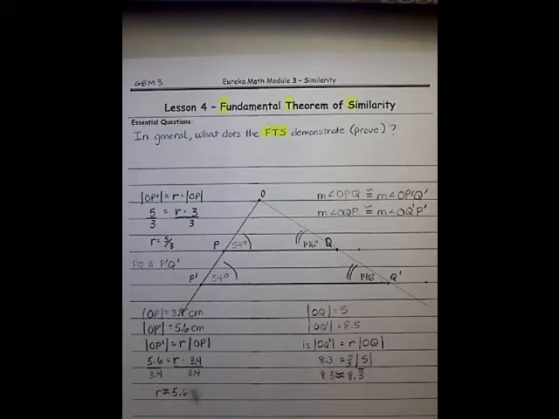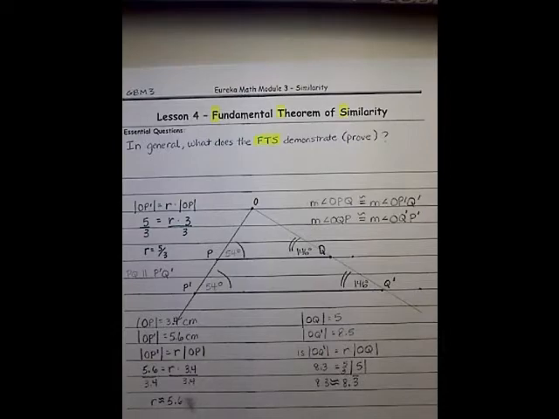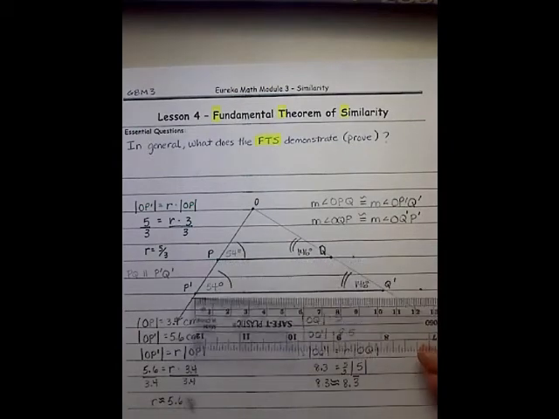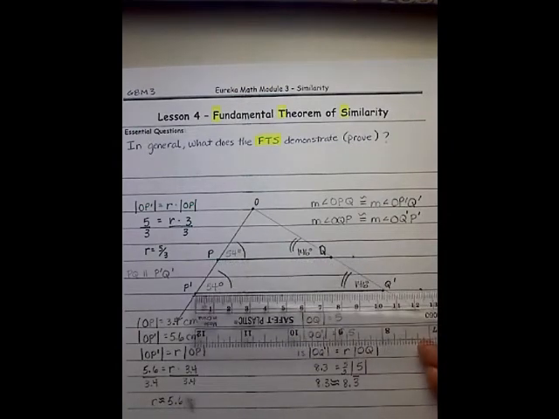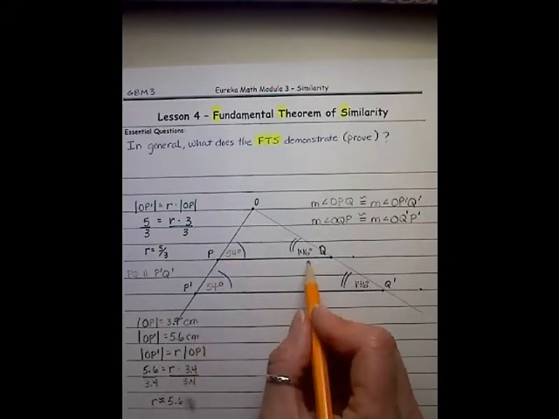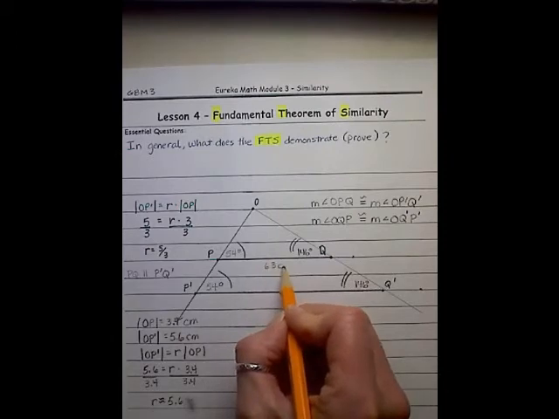So next, I'd like to measure PQ and P prime Q prime. So I've got PQ, this distance right here, is equal to 6.3 centimeters.